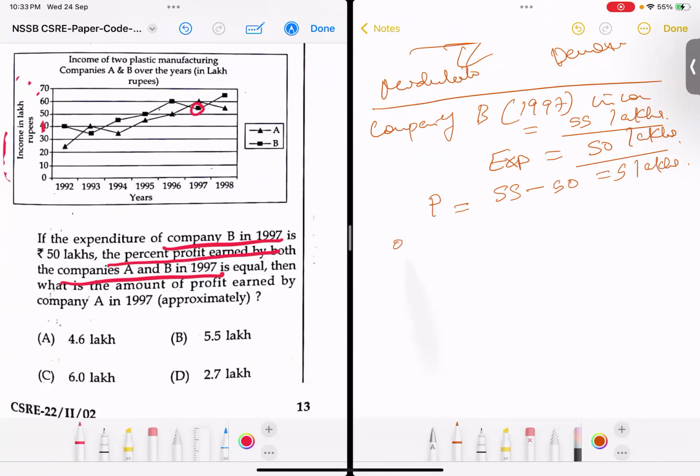So what is the profit percentage? It will be 5 divided by 50, the expenditure, into 100. So the profit is 10%.